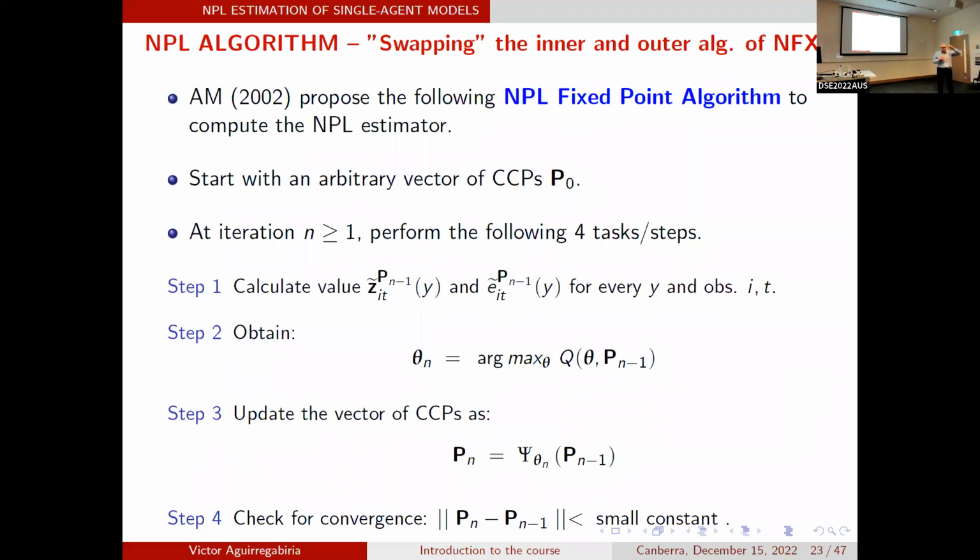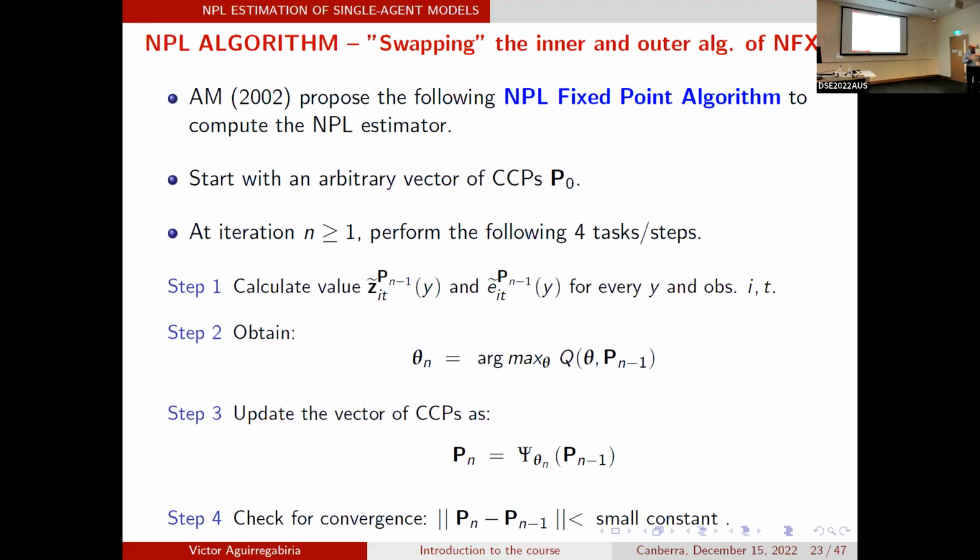Typically in the nested fixed point algorithm, we do not do many outer iterations, but we do many inner iterations, many fixed point iterations, because for every trial value of theta, we have to solve the dynamic problem. Our intuition was, what if we have an algorithm that reverses the order of these two inner and outer algorithms?